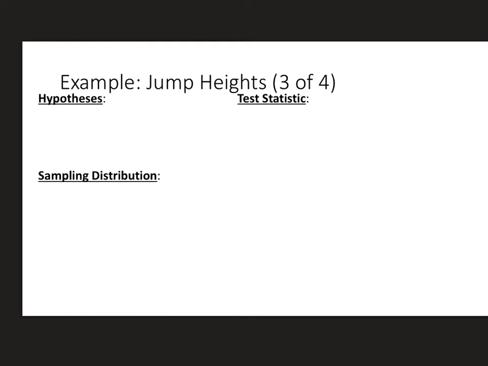So let's go ahead and write our hypothesis. So our D is going to be X sub new minus X sub old. Again, remember this means that it's going to be a smaller value minus a larger to give me a negative.